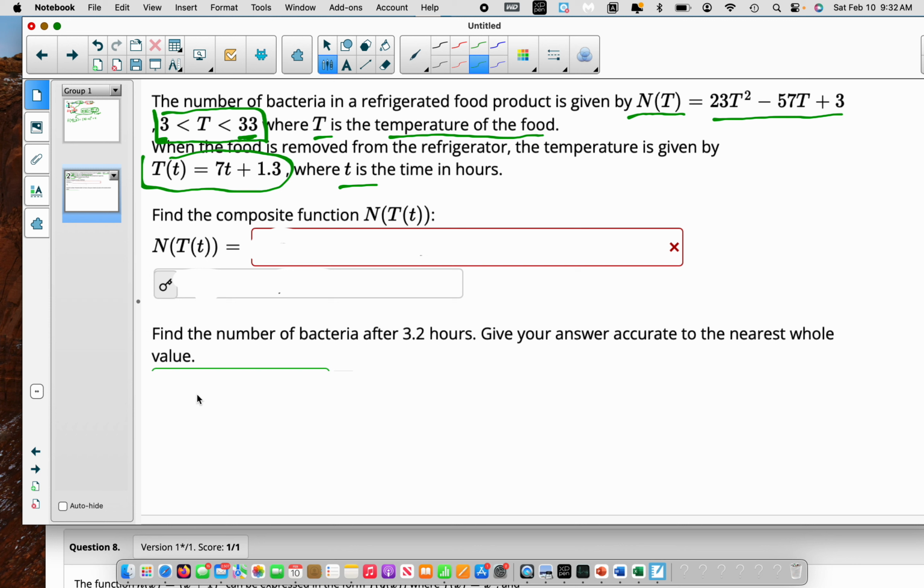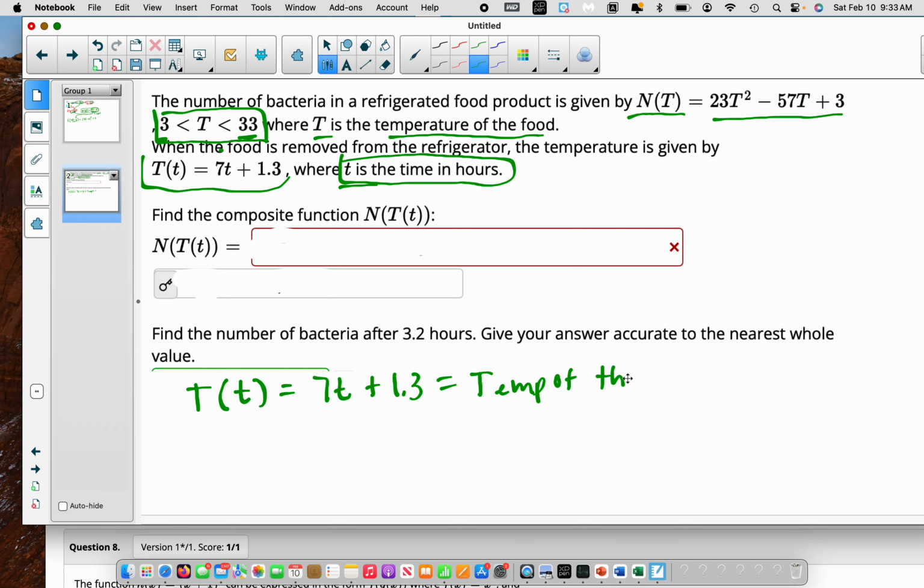So I'm going to start with t. The temperature of the food is a function of time in hours since it was removed from the refrigerator. I'm just going to rewrite that. T equals 7t plus 1.3 is equal to the temperature of the food after time t.